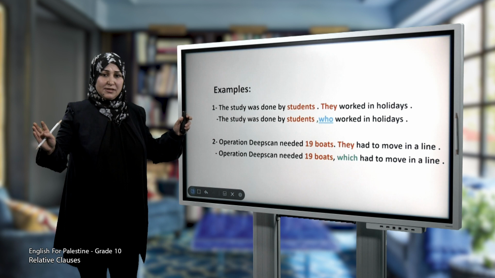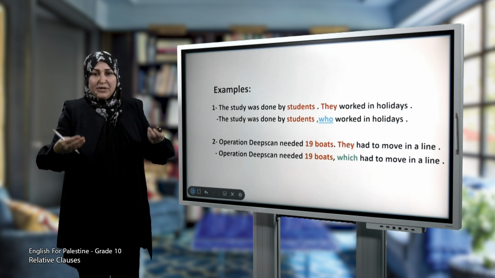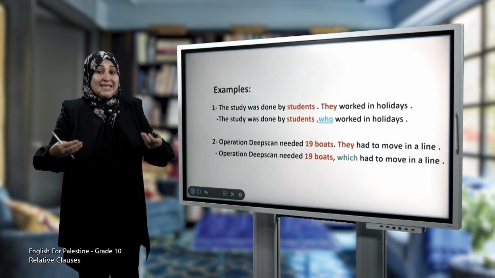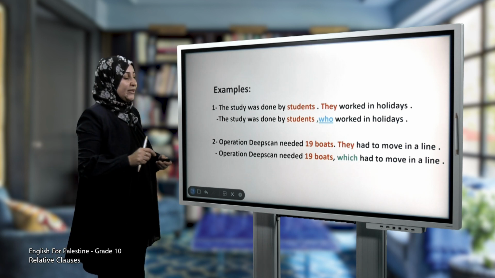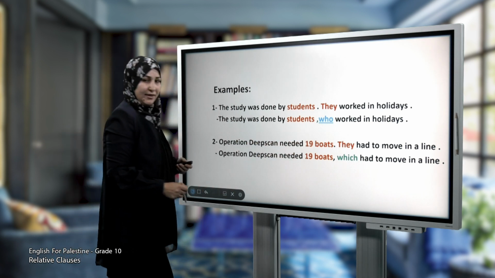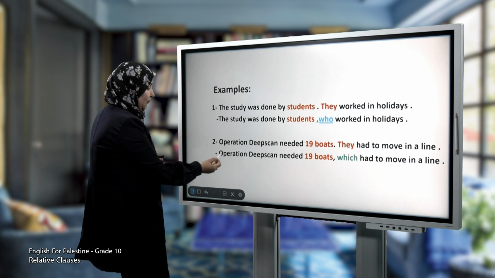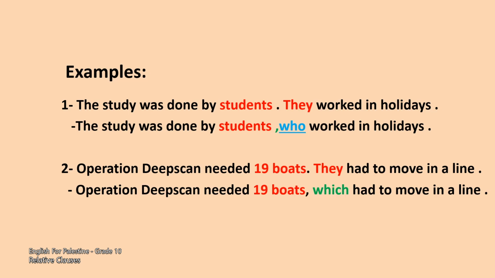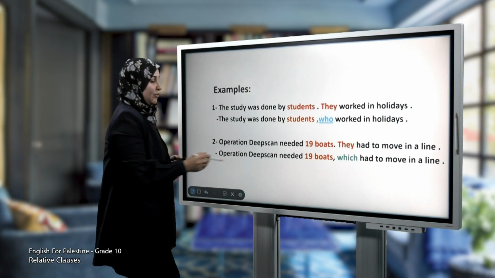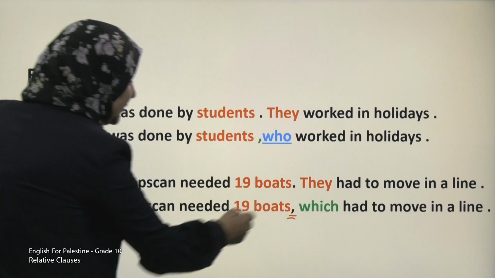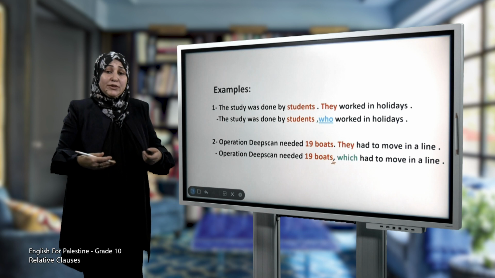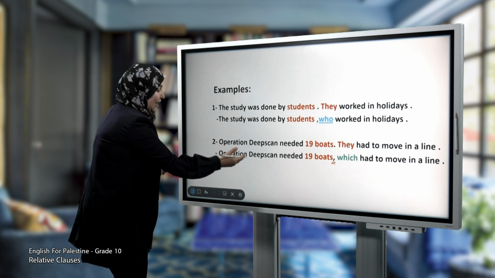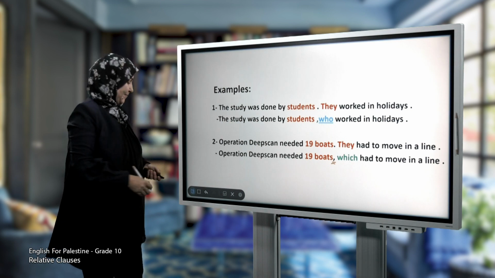This is a full sentence, but I want to add more information to make it clearer. So I can use which instead of they and join these two sentences: Operation Deep Scan needed 19 boats, comma, which had to move in a line. Here we add a comma before the relative pronoun because this is extra information that we can omit, and we will still have a full meaning for the sentence.